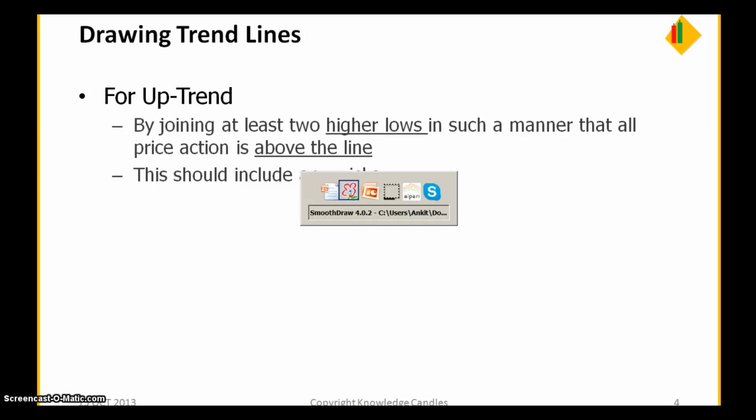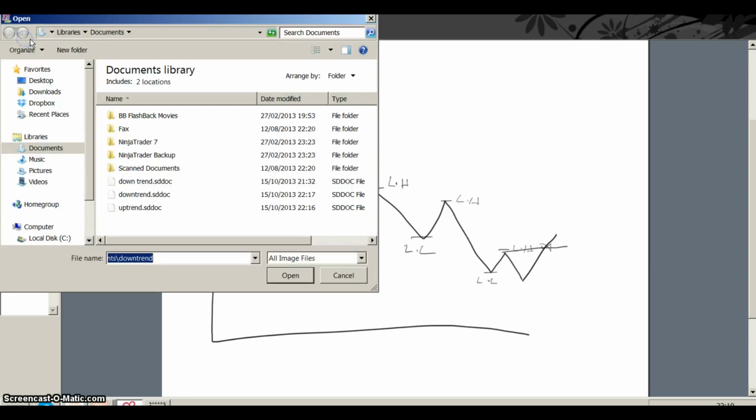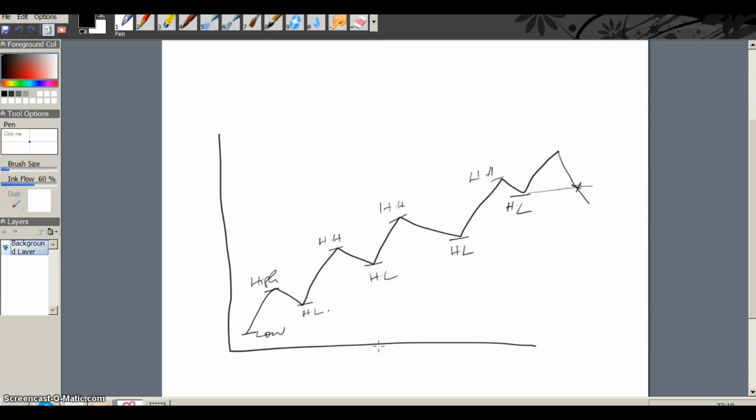Let me just go back to the drawing and see how to draw on an uptrend. Let me open the uptrend file. On this one, as I said, first of all, it has to be drawn under the structure. So it has to come here, somewhere here. It has to be drawn in such a manner that I pick up any 2 points and join them so that the structure doesn't cut that line. So I have to pick carefully.